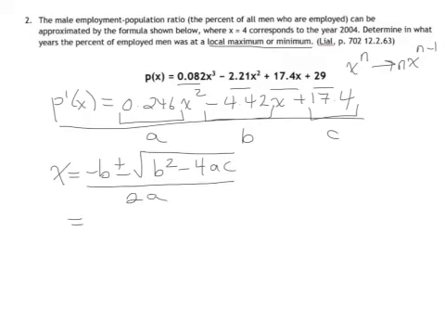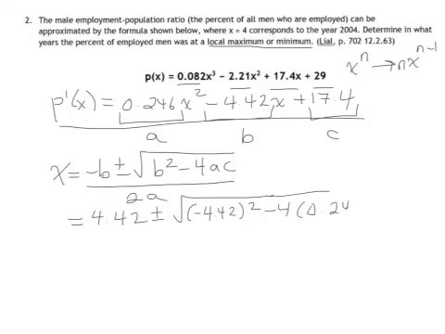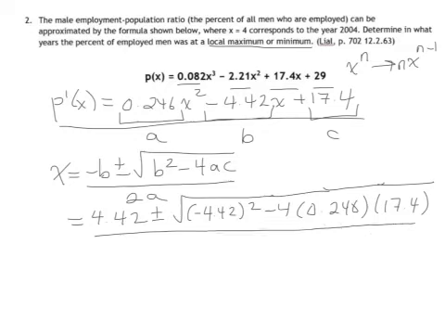Okay, so we're going to substitute negative b, which in this case will be 4.42, plus or minus the square root of negative 4.42 squared, minus 4 times 0.246 times 17.4, and that's all over 2 times 0.246.